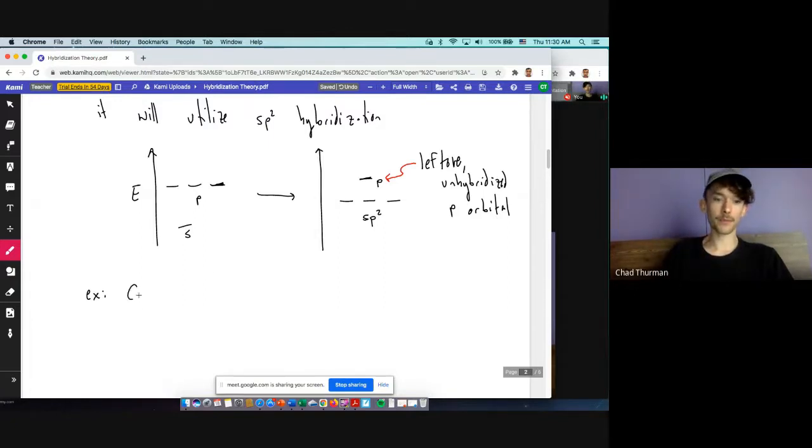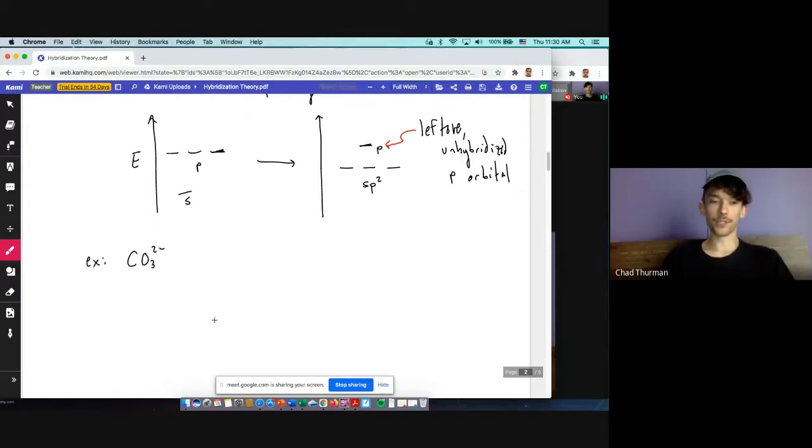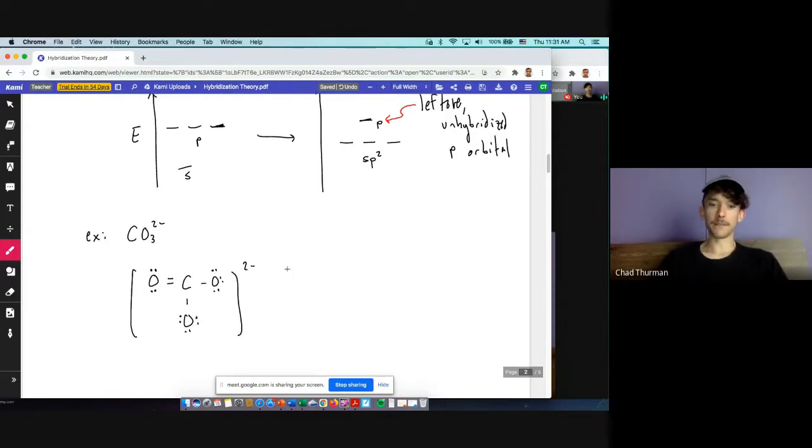Well, here's an example. The carbonate polyatomic ion. If I did the Lewis structure for that, it ends up looking like this. I'm going to go ahead and do the lone pairs. And you can see that this is AX3.